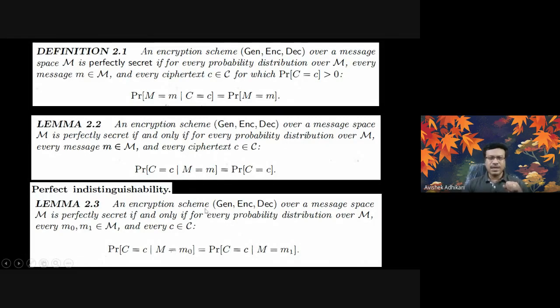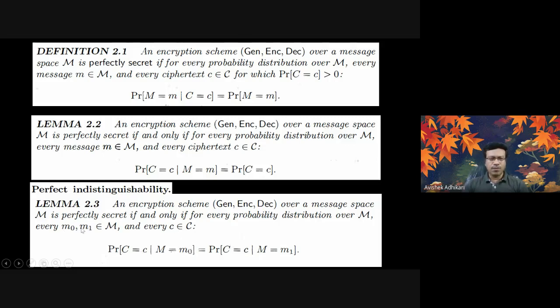It says that an encryption scheme over a message space M is perfectly secret if and only if, for every probability distribution over M, and mind that initially we have taken only one message, now you take two messages, M0 and M1, and every C, the probability of C equal to C given M0 is the same as given M1.